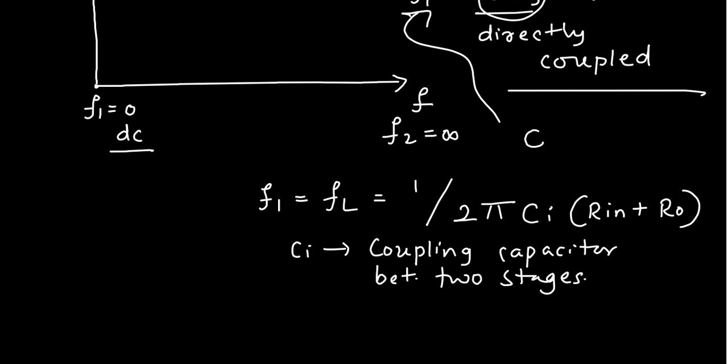R in, needless to mention, is the input resistance of the next stage, and R naught is the output resistance of the previous stage. So, you have different stages wherein this coupling is possible. The expression for the lower cutoff frequency changes from 0 to 1 divided by 2 pi Ci into (R in plus R naught).